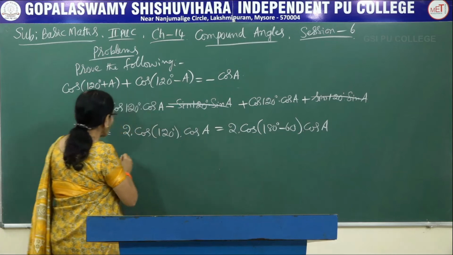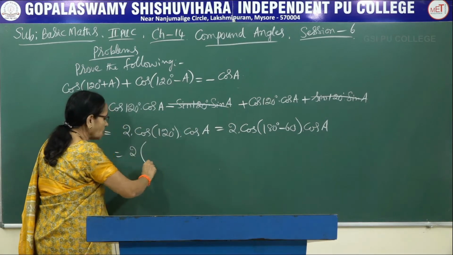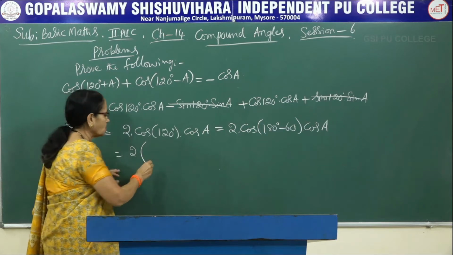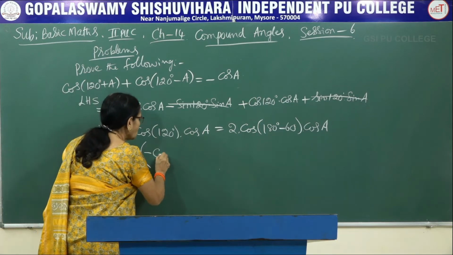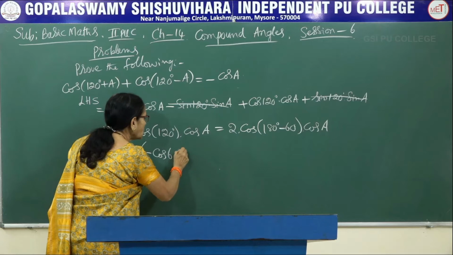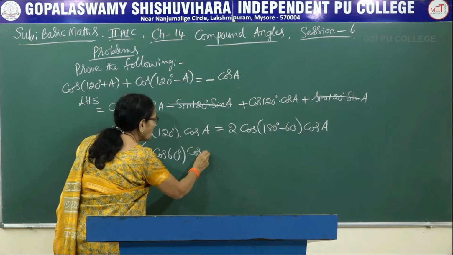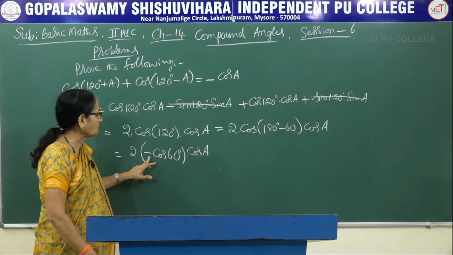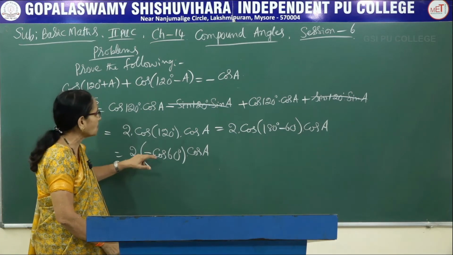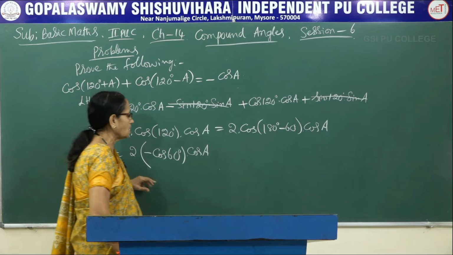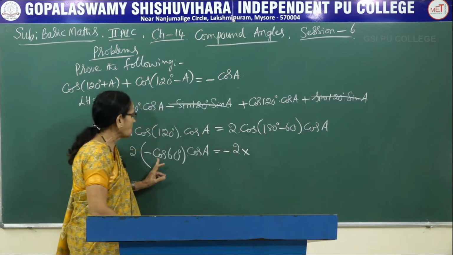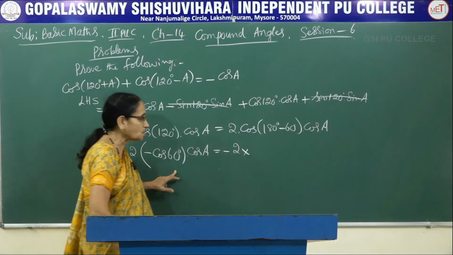Now, this is equal to 2 into, here 180 minus theta gives minus cos theta, minus cos of 60 degrees into cos A. Because I am getting a minus sign, I am writing the bracket, otherwise this minus sign should be written here. So, it is minus 2 into cos 60, which, as you know, is a standard value.